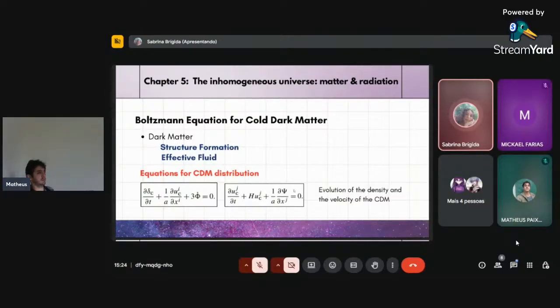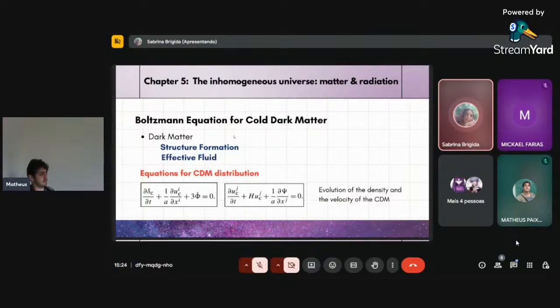So another equation that we have is the Boltzmann equation. In this case, we have the Boltzmann equation for dark matter. And it is important to understand that the evolution of dark matter will play an important role in the growth of the structure through its gravitational effect, for example.